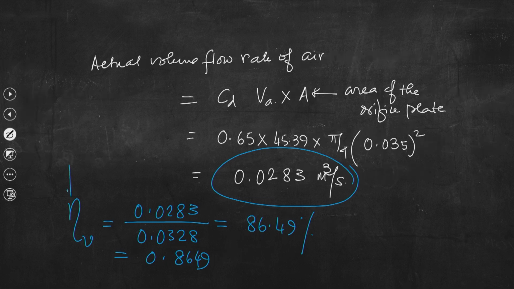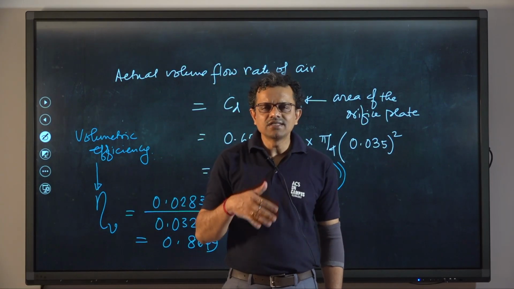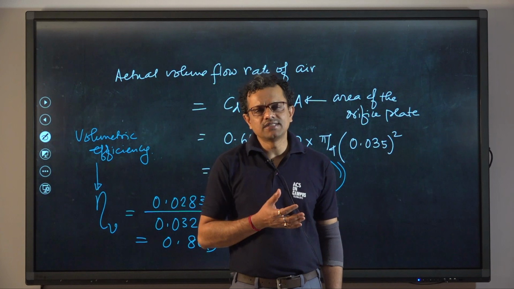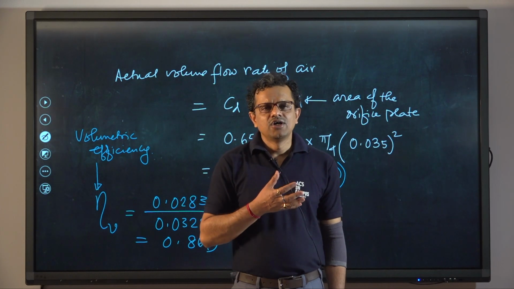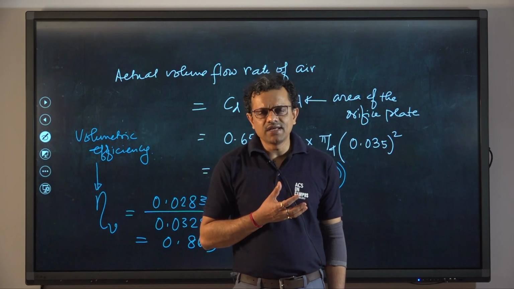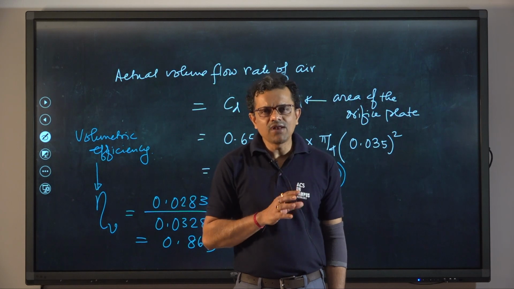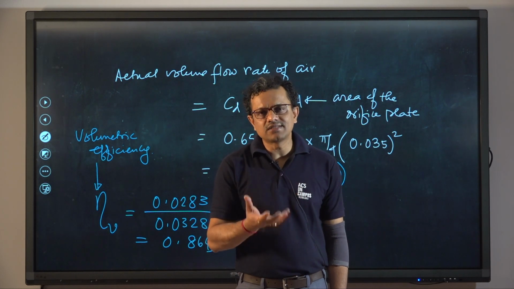So, this is what we wanted to calculate through this numerical problem, volumetric efficiency. Try to understand, we have discussed the thin plate orifice method to calculate actual volume flow rate of air, and we have solved one numerical problem to illustrate that method.